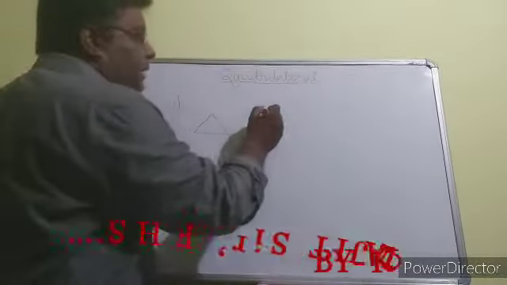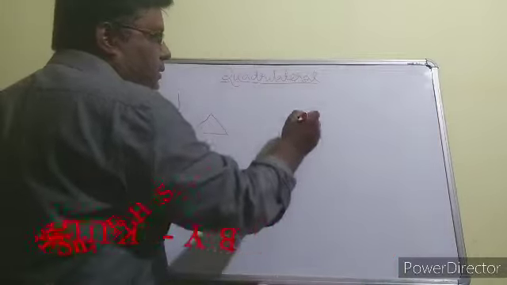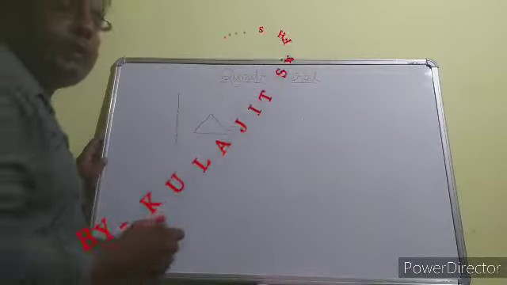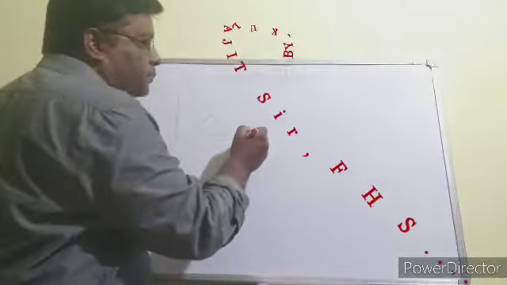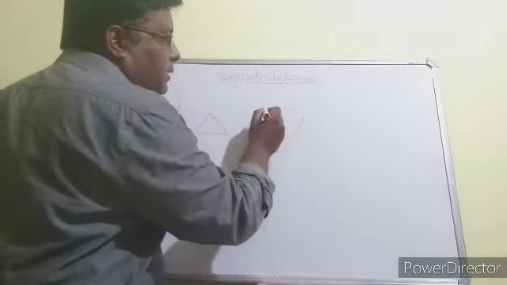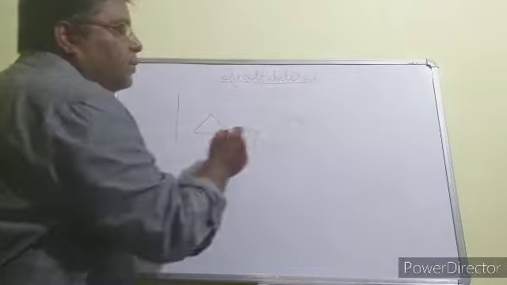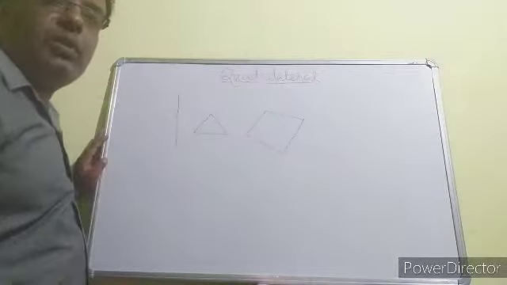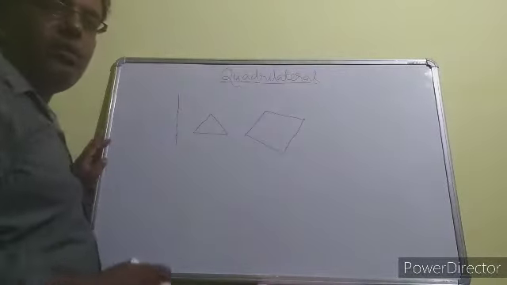Now, if the 4 points are like this, if we join these 4 points, then we get a four-sided closed figure, so it's a quadrilateral.